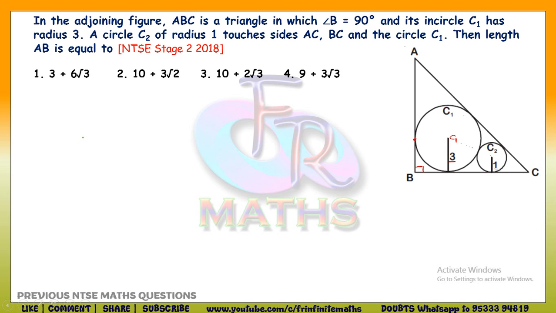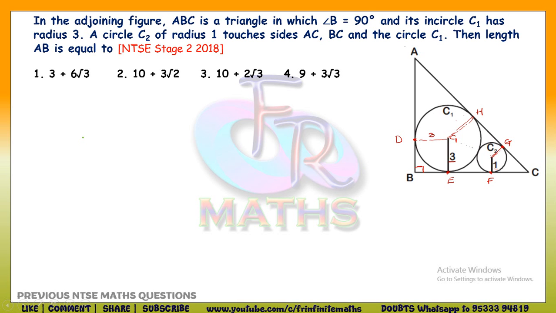This is one such point, so let this point be D, and this is one more such point, so let this point be E, and this is one more, let this be F. In the same way, from this center C2 I can draw one more perpendicular onto this point of contact, so let this be G, and from the center C1 to one more point of contact I can draw, so let this point be H.